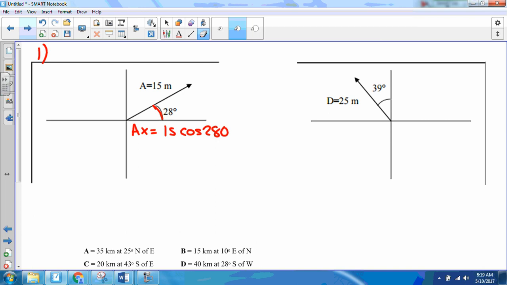Oops, degrees, not 280. This is an example. And then we need to figure out what AY is, which is going to be 15, which is what the magnitude of A is, times sine of the angle, which is 28 degrees. So you should be typing this into your calculator now and telling me what we get.